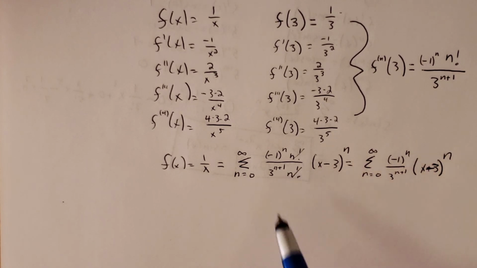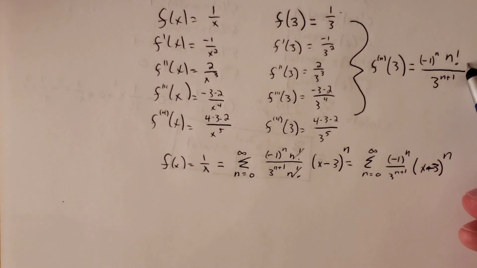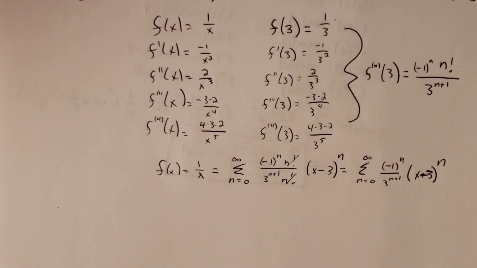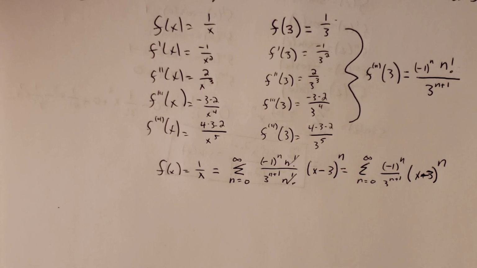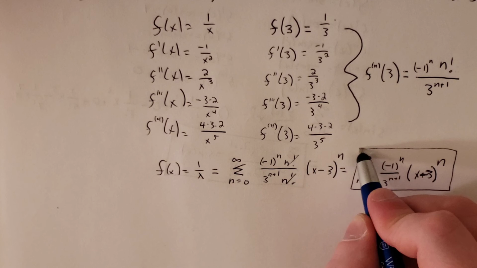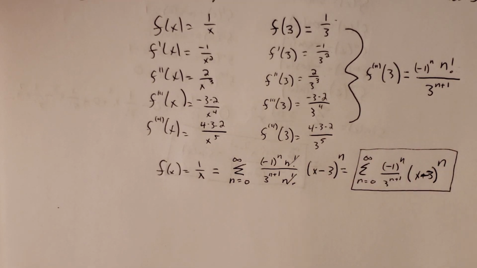That is part of our definition of our Taylor series. That cancels with our n factorial that was generated from our derivatives of f evaluated at 3. And we end up with this as our Taylor series for 1 over x centered at x equals 3, or a equals 3. And that is it for this video.